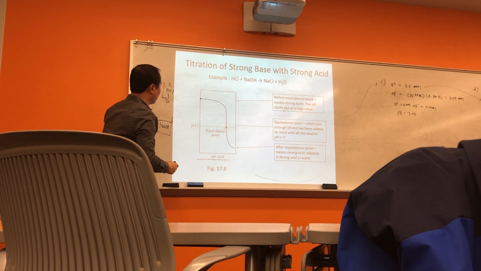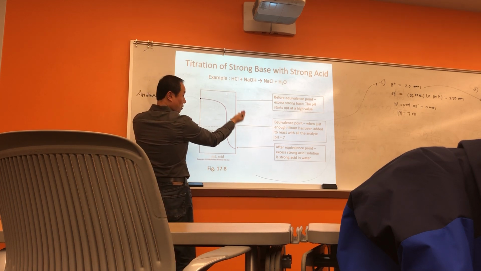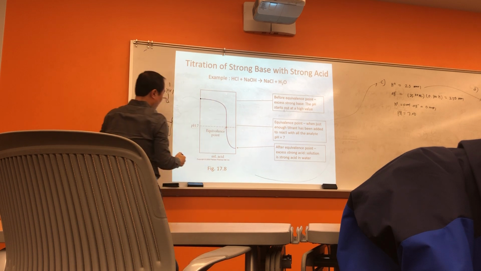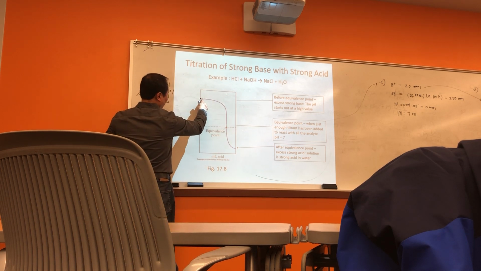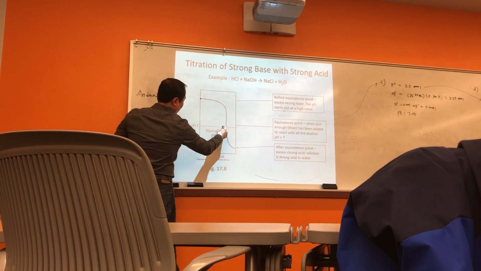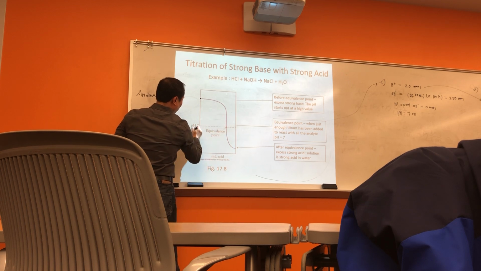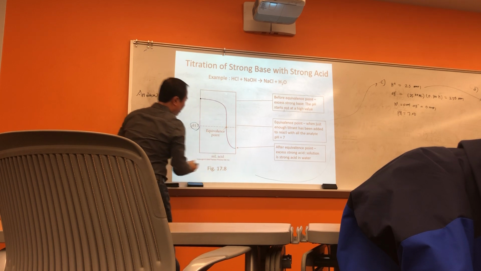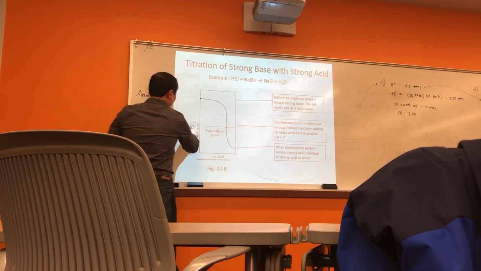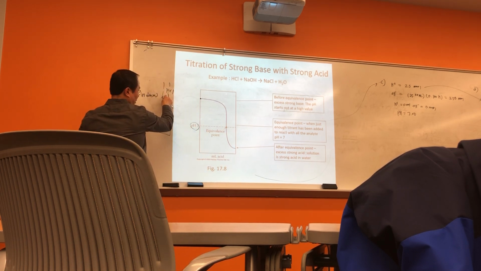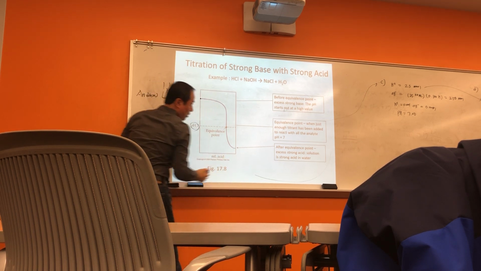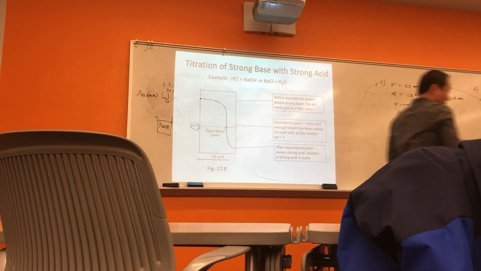So basically this is the same drawing, just flipped upside down. Okay? It was very basic, and at the equivalence point pH will reach 7, and later once everything is done, if you add more acid, then pH will go down as very acidic. Same principle.